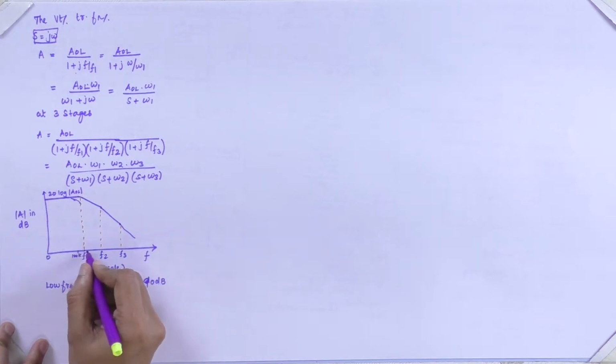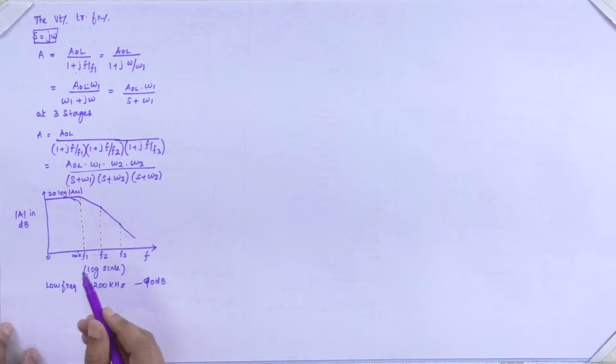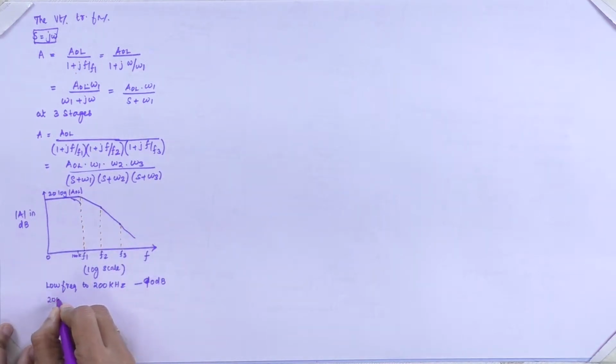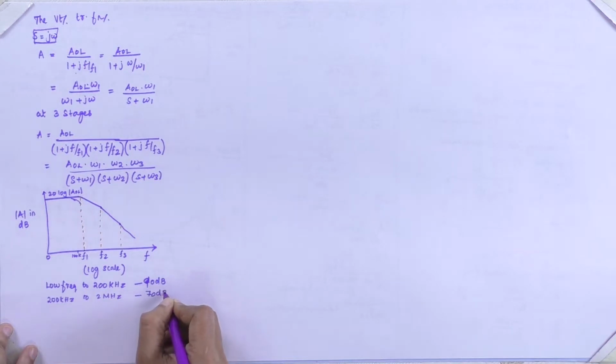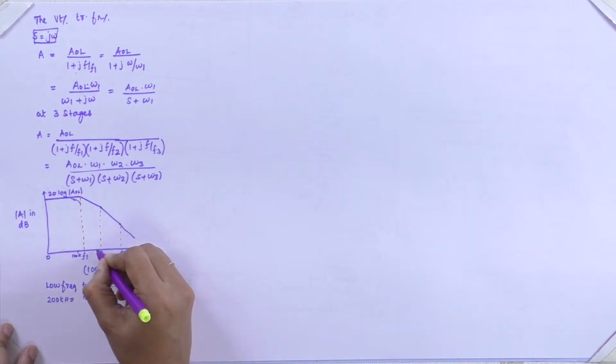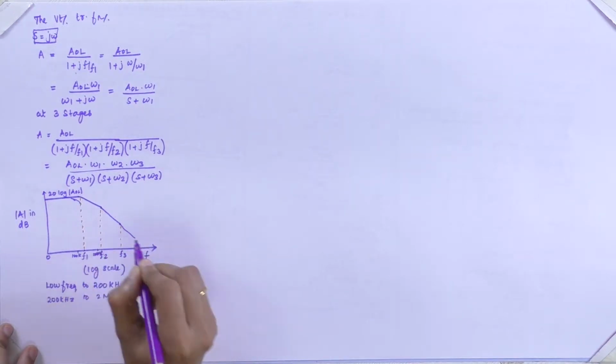Okay, assume that this F1 reaches 90 decibel. Then starting from 200 kilohertz to 2 megahertz, your value gets rolled off from 90 decibel to 70 decibel. So in that condition, this may be your 2 megahertz. Before that it has 1 megahertz.